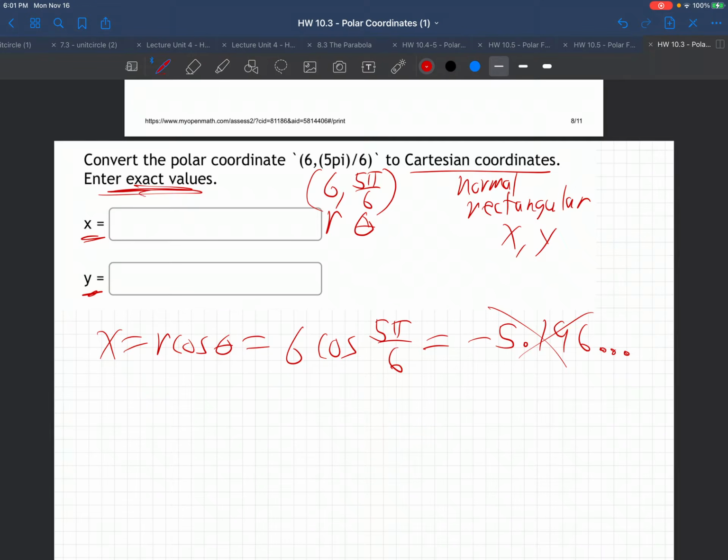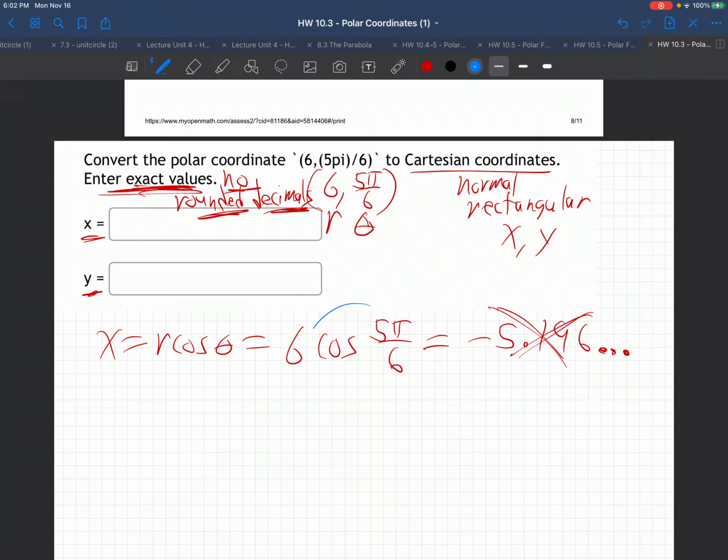When they say exact values, that means no rounded decimals, because when you round a decimal, it's no longer exact, it's rounded. So we can't do that. What do we do then?